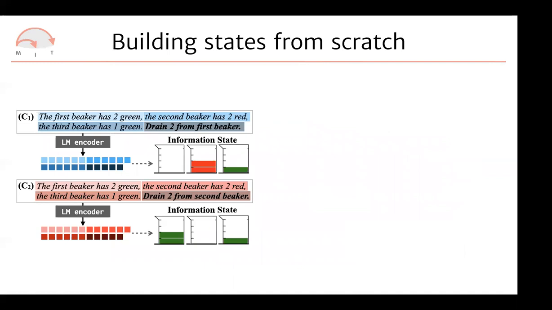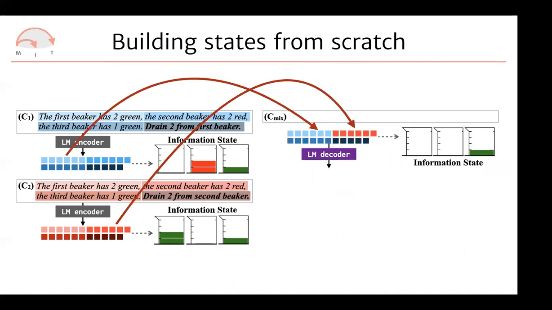And maybe the most important thing about this is that it actually works as a causal theory of model behavior. So I can take a document whose final consequence is that one beaker is empty. I can take another document whose final consequence is that a different beaker is empty. I can put together the representations of those two documents and convince the language model that I've given it a history of words describing a situation in which two beakers are empty, even though I didn't write down any words at all.